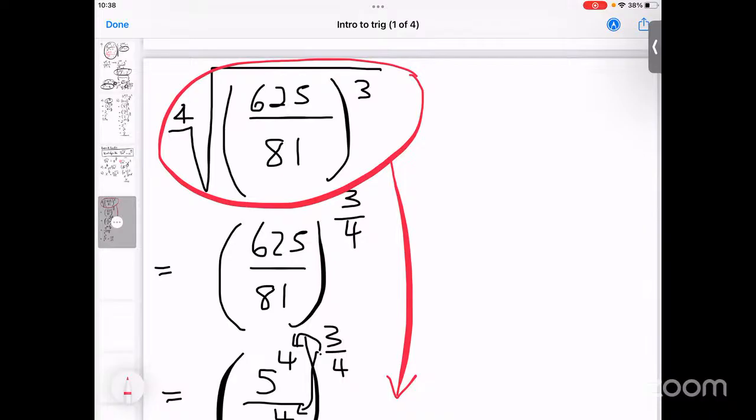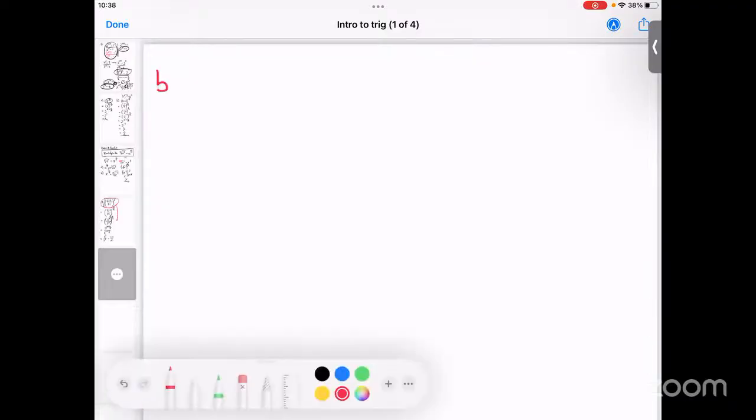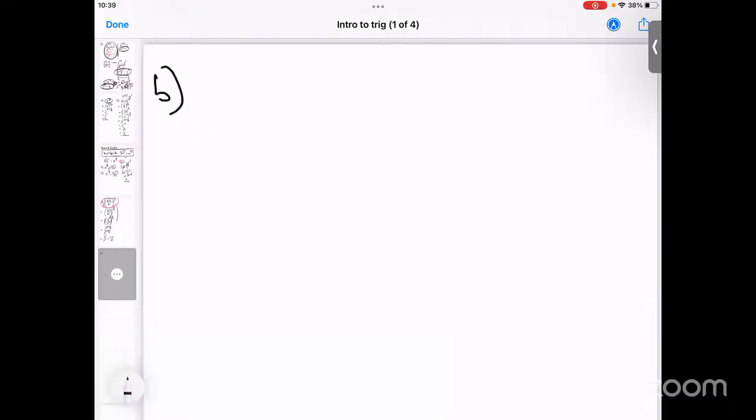The reason why you have to prove it by means of a calculation is because they are going to give you this thing in the form of letters. And when it has the letters, trust me when I say you cannot be able to use the calculator. So let's see.